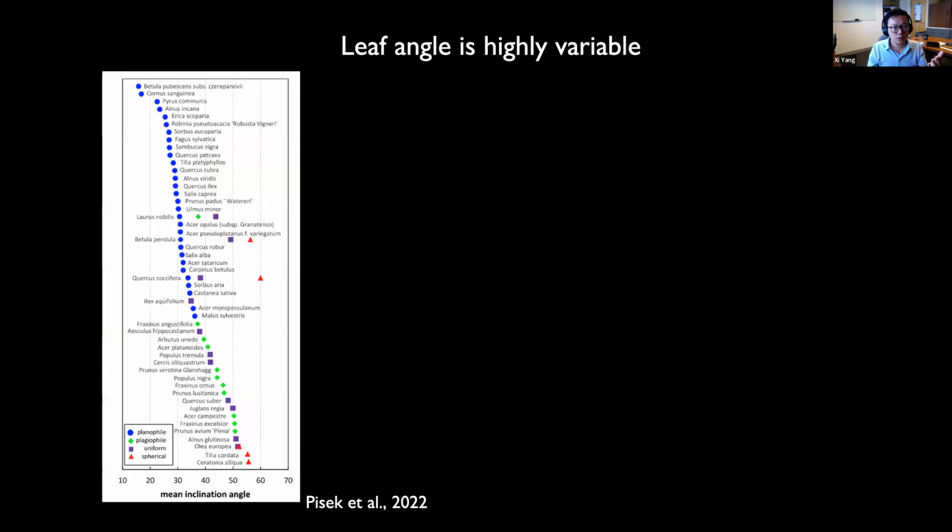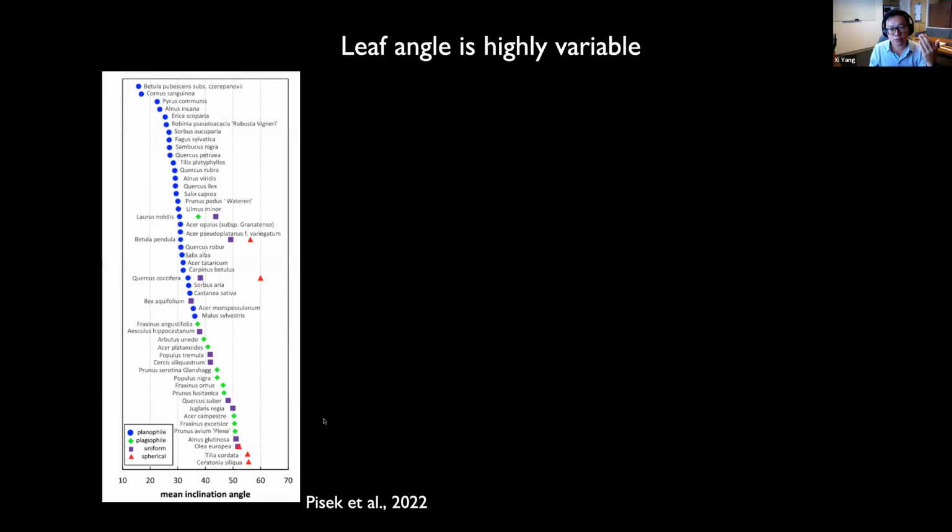There are also significant interspecific variations in leaf angle. This is from Jan Pisek's work in 2022. He looked at some temperate deciduous forests in Europe, and the variation in mean leaf inclination angle could be as large as 50 degrees, something like that.